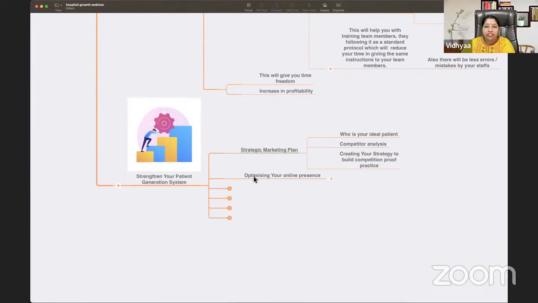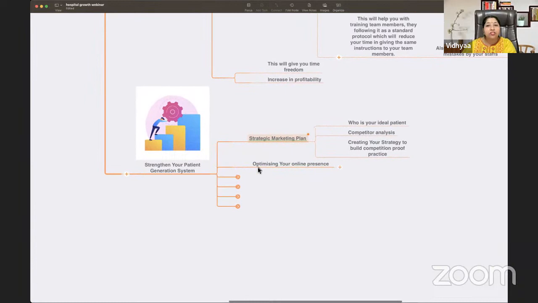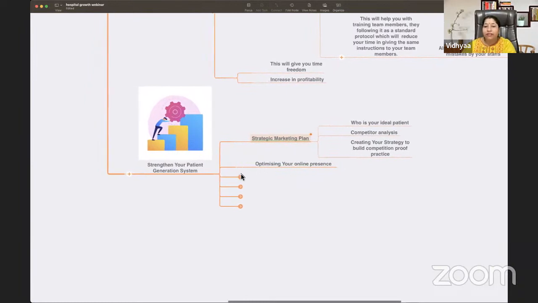Then the next step you have to do is, once the marketing plan is ready, optimize your online presence, be it your website and the social media platforms like YouTube, Facebook, Google My Business, Instagram, LinkedIn. So these are the major platforms where you can optimize your presence and use all these online channels for content marketing.